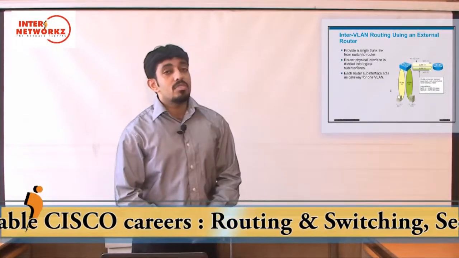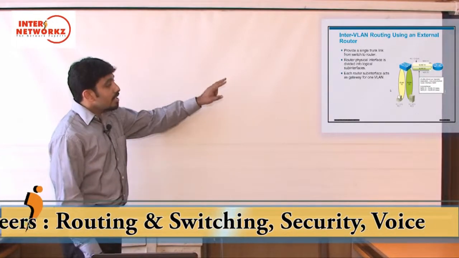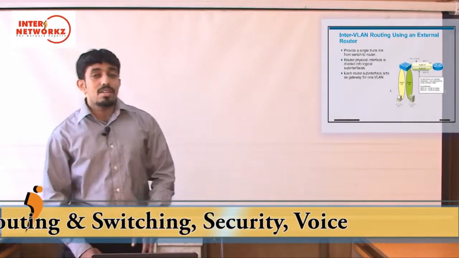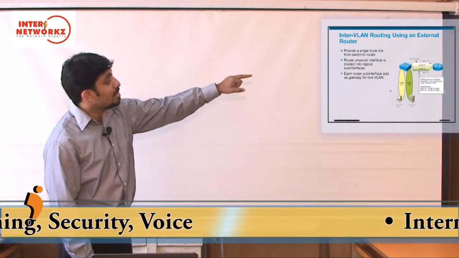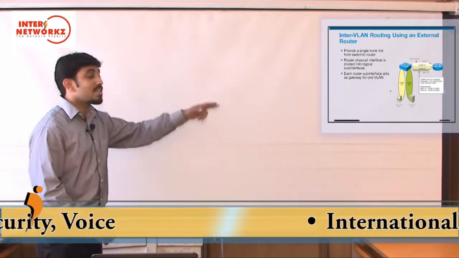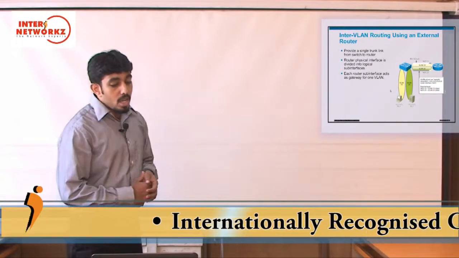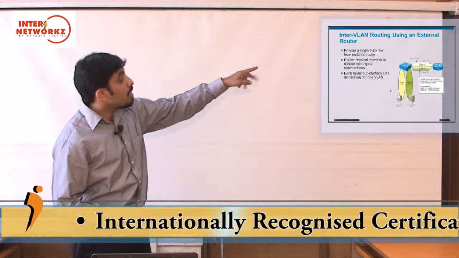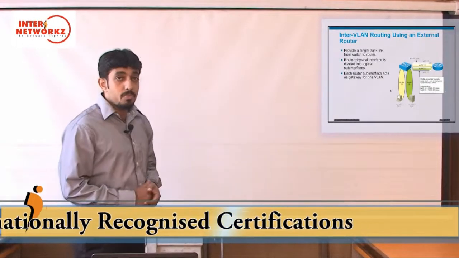Normally you would have seen this as a router on a stick environment, where a single link, a trunk link, is provided between a switch and a router. The main switch communicating to the router will be in trunk mode. Those are the operating modes of a trunk. Now on the router you can see only a single cable connected towards the switch.